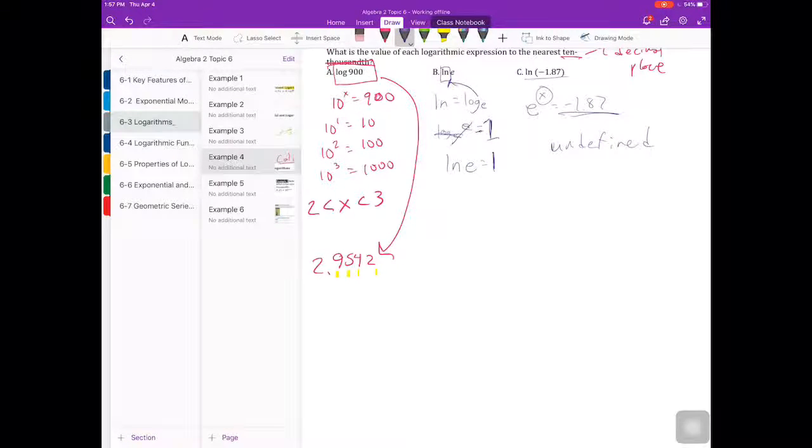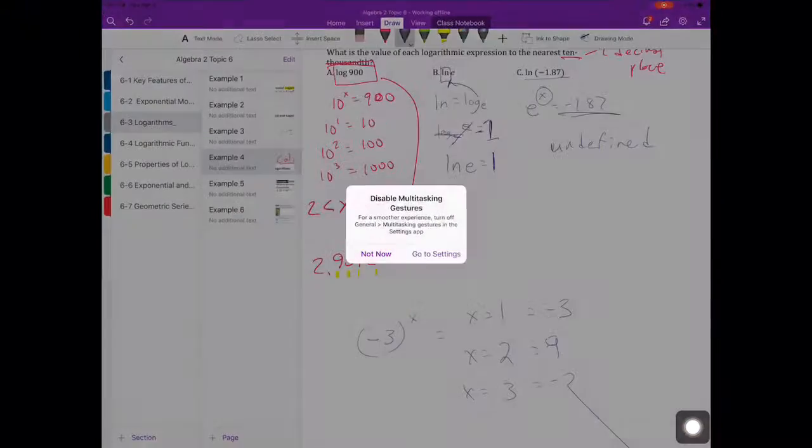When you have a number, even a negative number, raised to any power. If we talk about negative 3 to the x, if x is 1, then that's going to be negative 3. But if x is 2, then we're getting a positive 9. If x is 3, we're getting a negative 27.